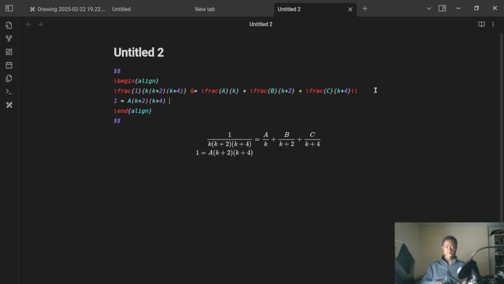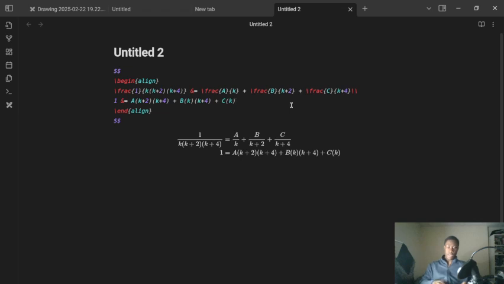For the B, the k plus 2 is cancelled, so I'm going to have k and k plus 4. And finally, for the last one, I'm going to have just C, k, and k plus 2.